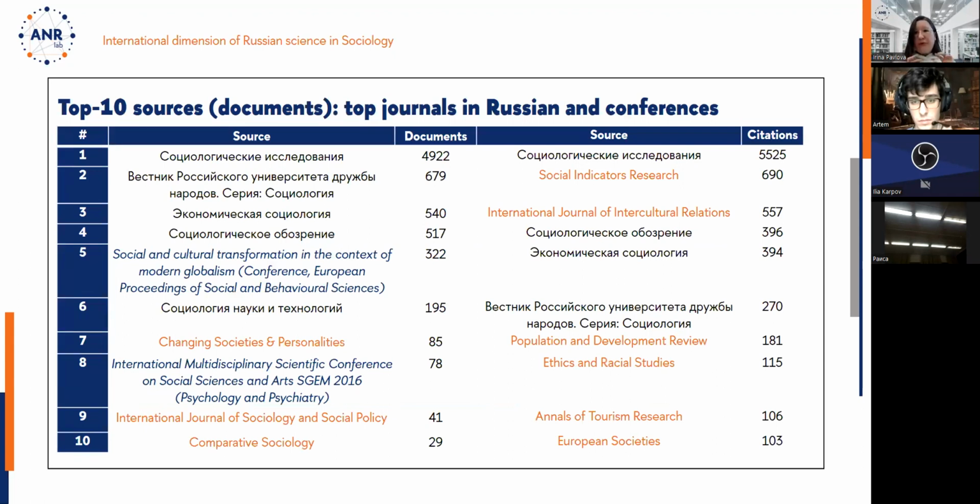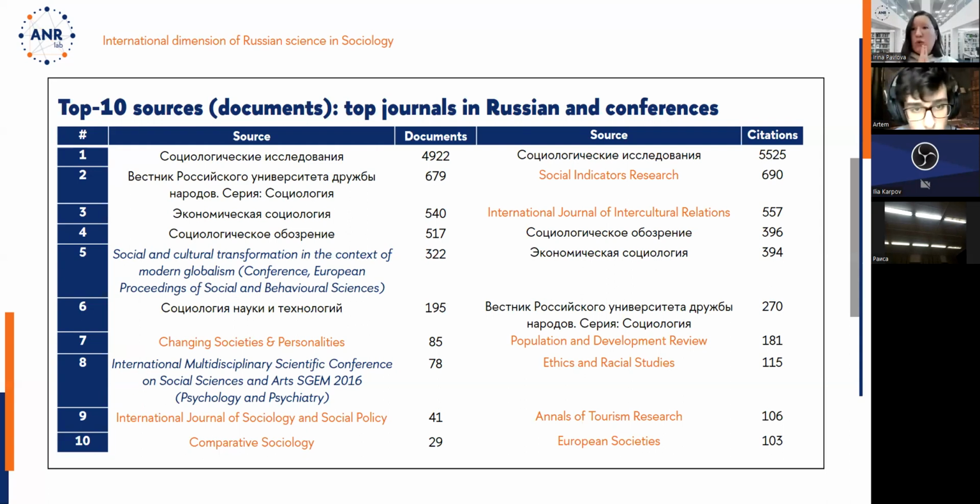Some other information. Here we see the top 10 sources, the top journals in Russian, so journals and conferences overall, the sources of publication. We have here two parts: sources ranked by number of documents published and also by number of citations.